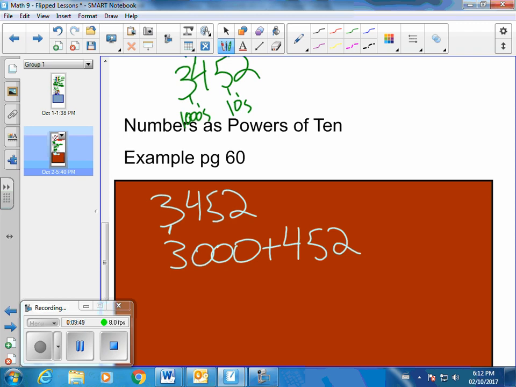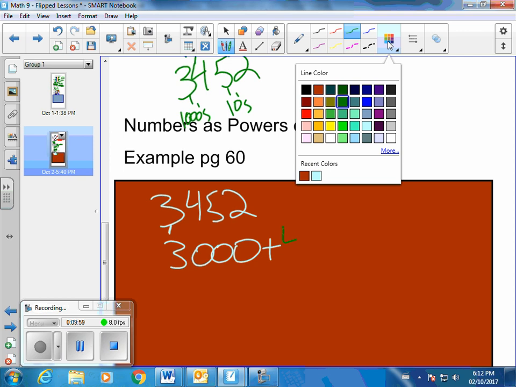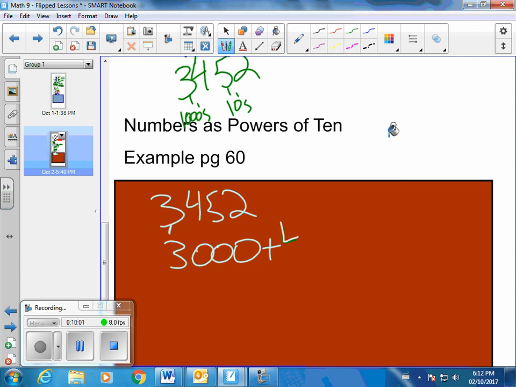It's still the same number. But we can take that a whole step further, and write it as 3,000 plus 400 plus 50 plus 2.